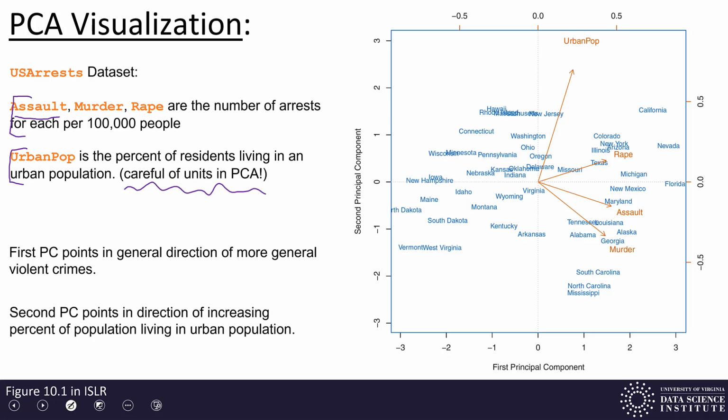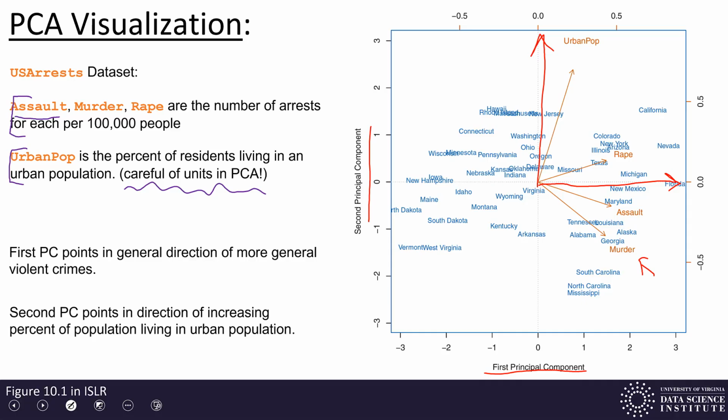What we observe here in this PCA visualization on the right is principal component 1 on one axis and principal component 2 on the other. PC1 is pointing in the direction of greater crime in general, and a little bit in terms of urban population.